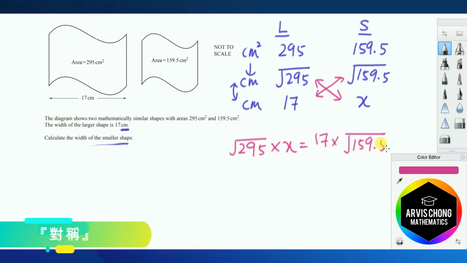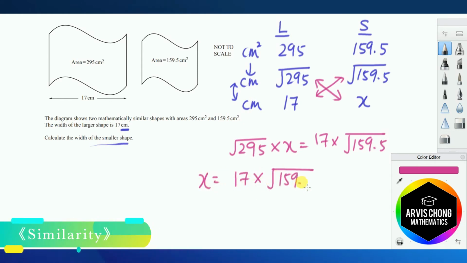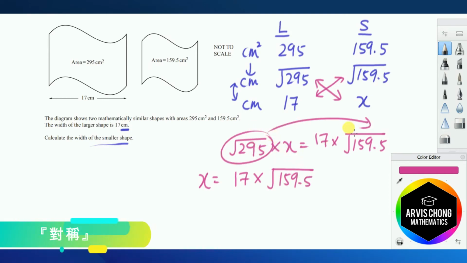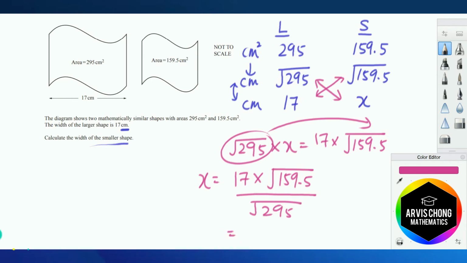Hence my x will be 17 times square root 159.5. This part you bring over, so times becomes divide, so it is divided by square root 295. When you type it in your calculator, you will get 12.5 centimeters as your answer.